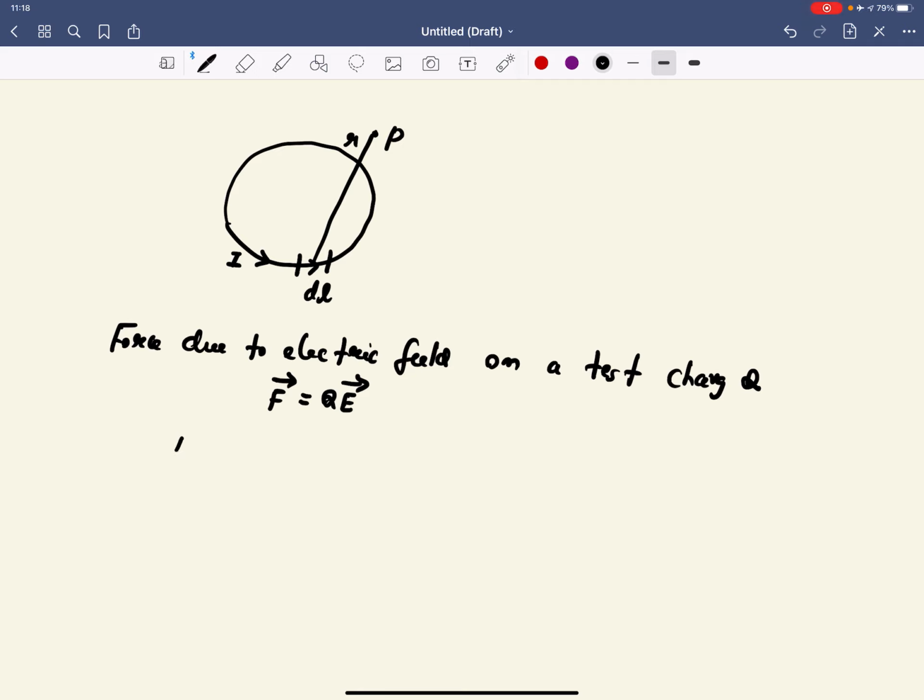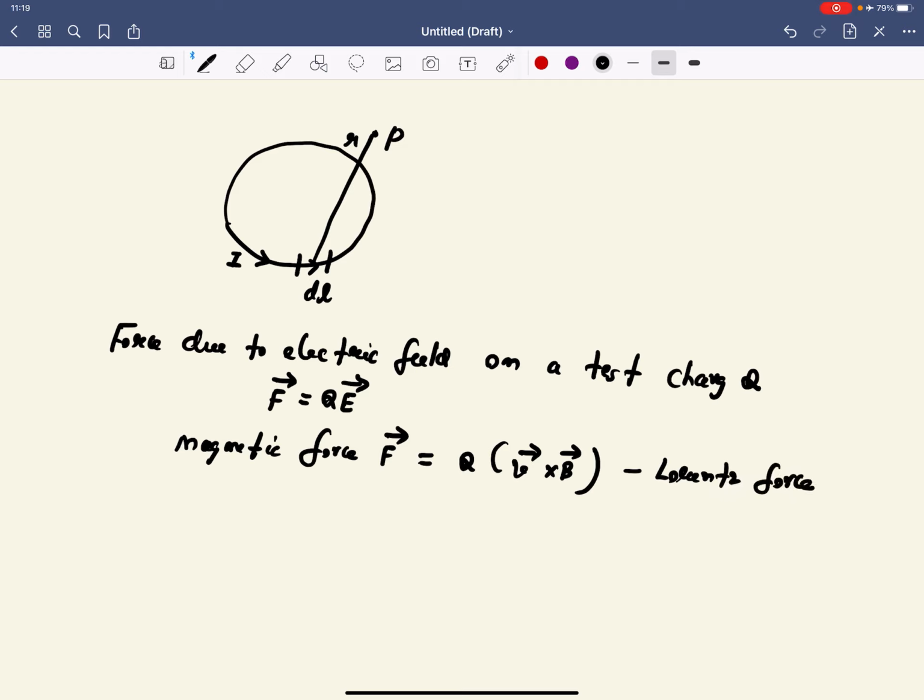So the magnetic force is given by F equals Q v cross B. We'll try to understand this in detail in a minute. I'm just giving you this definition of the magnetic force. This is known as the Lorentz force.